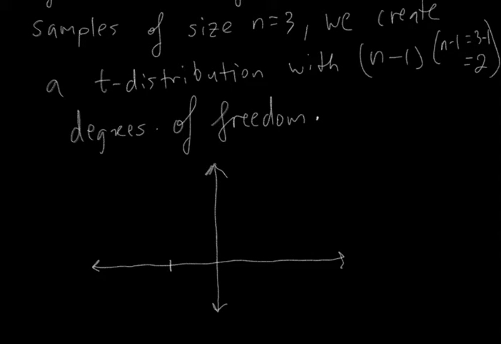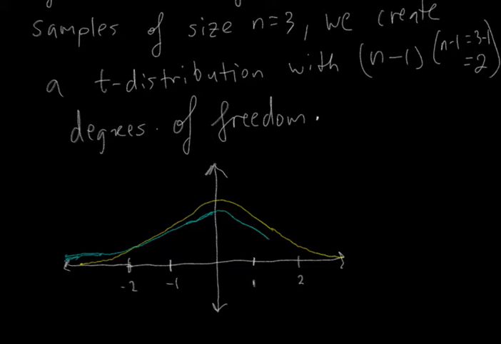Okay. So I'm going to draw here in yellow the normal distribution. So this is standard normal. Then I'm going to draw a second distribution, which represents the t-distribution with 2 degrees of freedom. Okay.